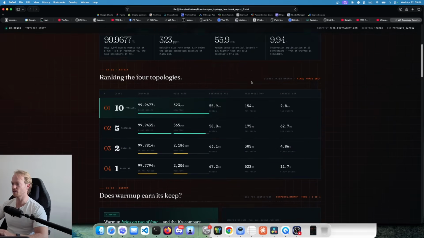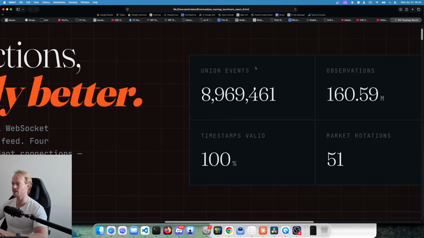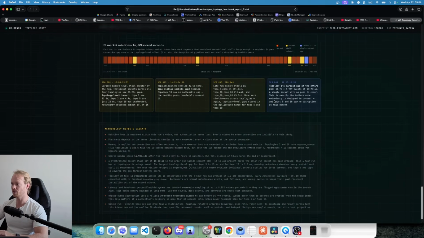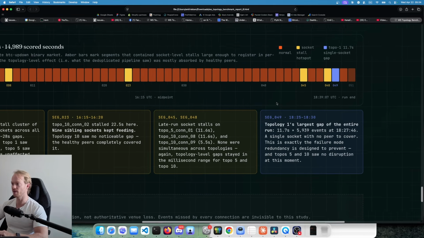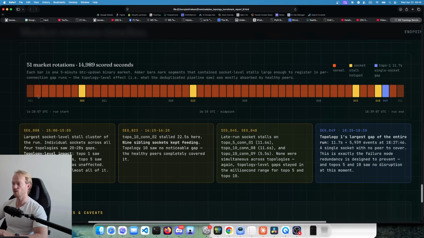And you can see here, this was 18 connections. So 18 connections collected about 9 million events over 4 hours, okay? If you go back down here, you can see all the different markets. We start the markets here, and then here's a hotspot of a connection stalling.